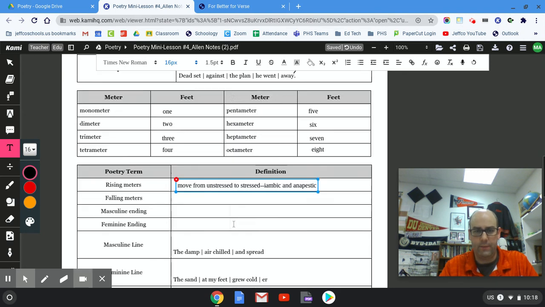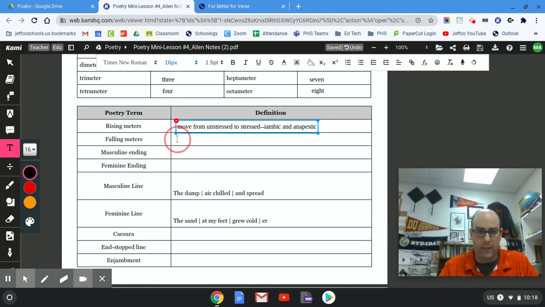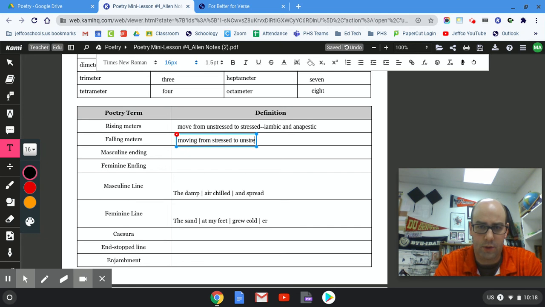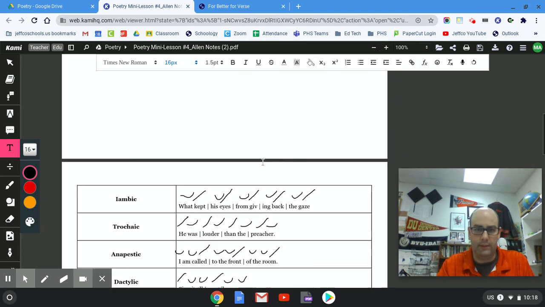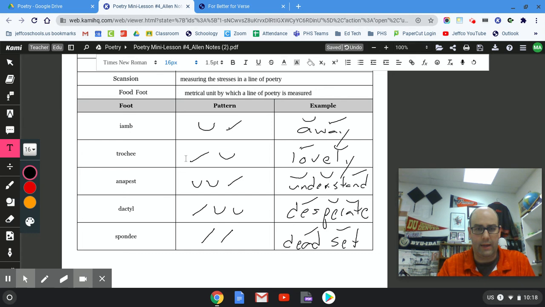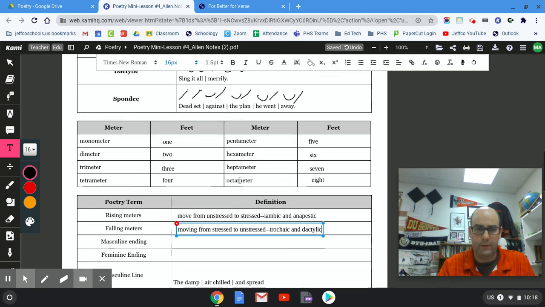Unstressed to stressed. Falling meters then would be the opposite, where we're moving from stressed to unstressed. And our 2 examples are trochaic and dactylic. So we're moving from stressed to unstressed. We can see in our examples, trochaic has stressed, unstressed, so dactyl, same thing.